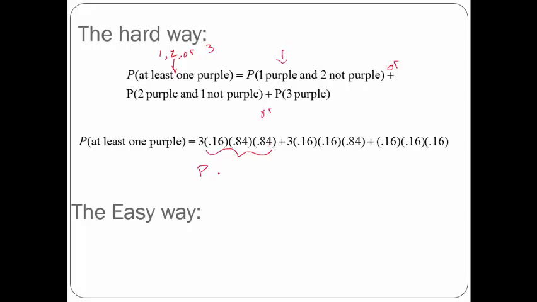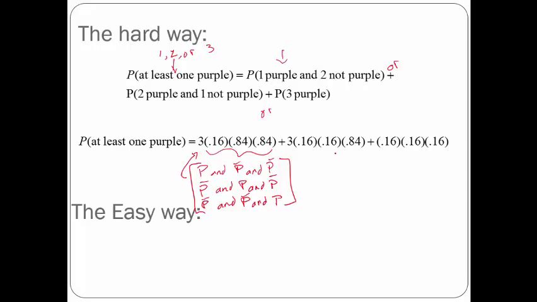It could have been purple and not and not. It could have been not, and then the second person said purple and the third person said not. Or it could have been the first 2 didn't want purple and the third one did. So there's 3 different ways that you can combine 1 purple with 2 non-purples, and that's what this 3 right there is.